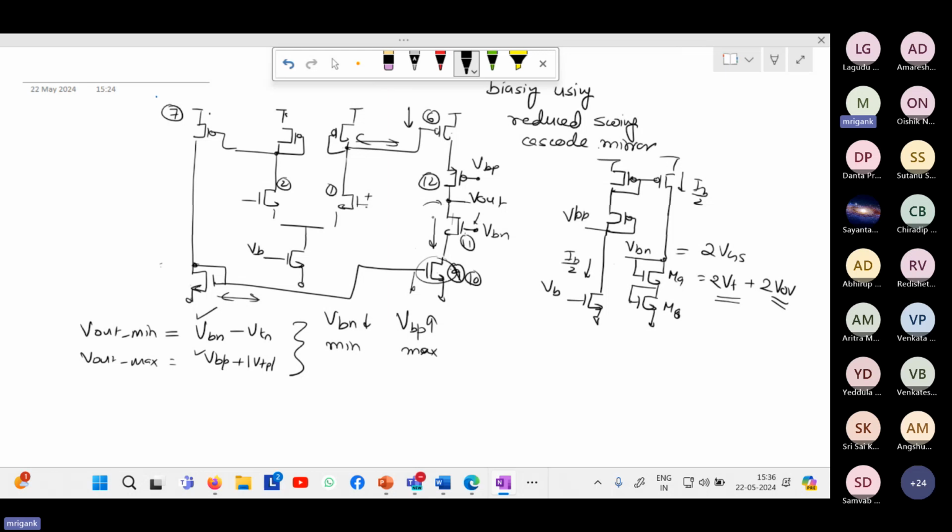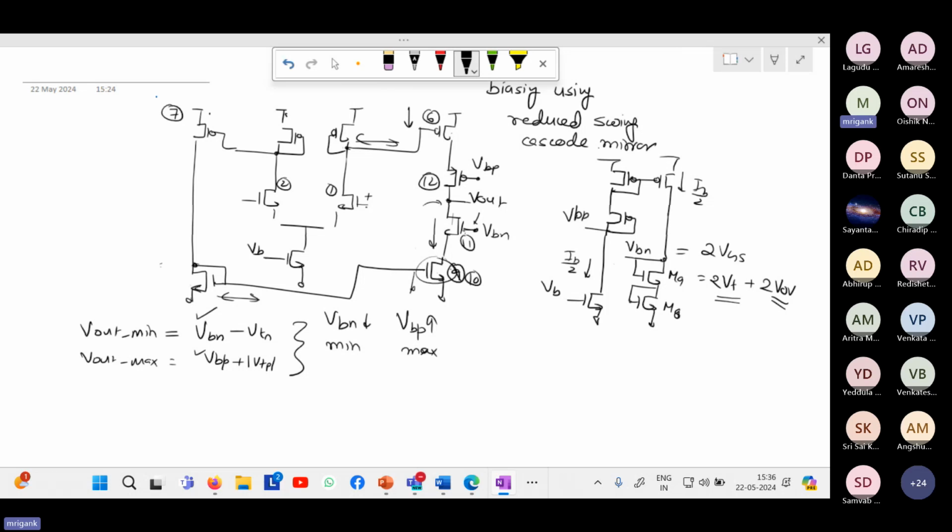And second, in order to mitigate this, you have to increase the W by L of M11 also. If you are reducing the L or increasing the W, that will slow down the circuit because you are additionally adding parasitic capacitors.